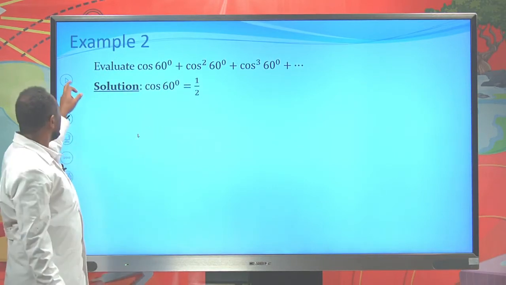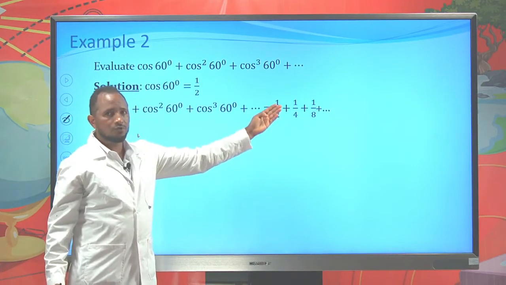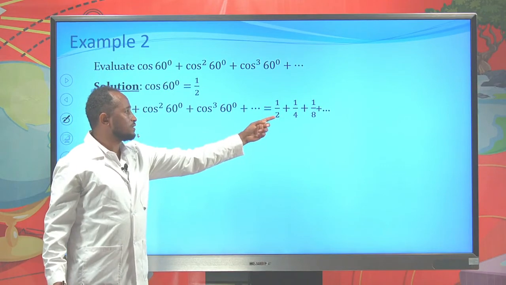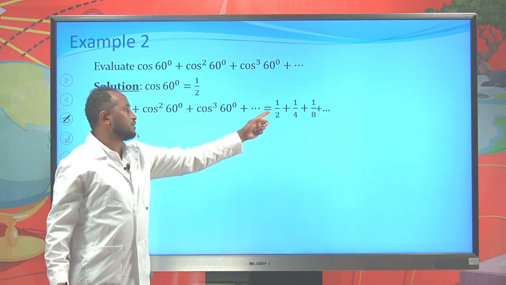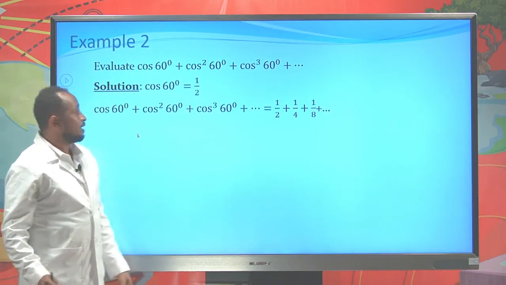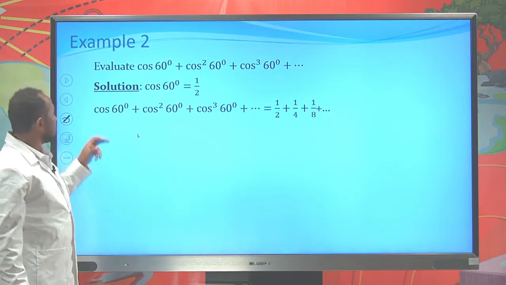Therefore, this is equal to 1 over 2 plus 1 over 4 plus 1 over 8, and it goes on. So this is a geometric series with first term 1 over 2 and the common ratio also 1 over 2. So you can apply the formula S infinite is equal to g1 over 1 minus r.